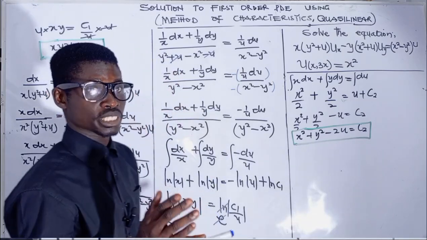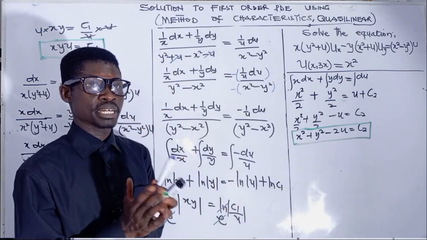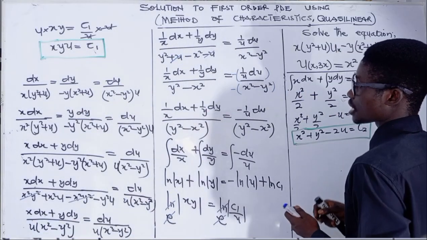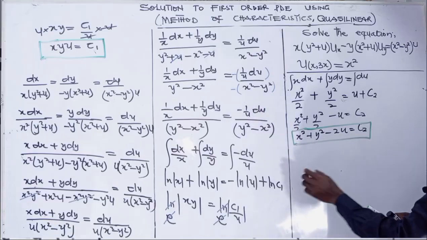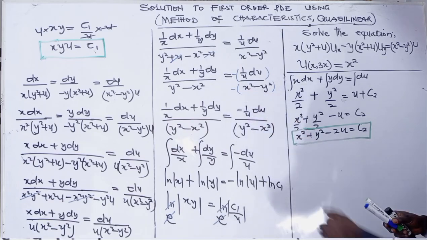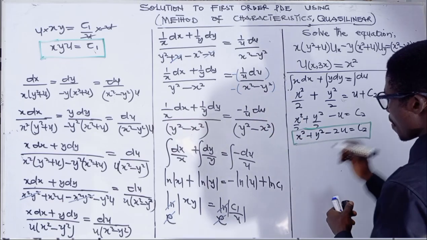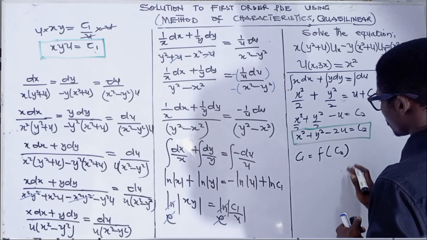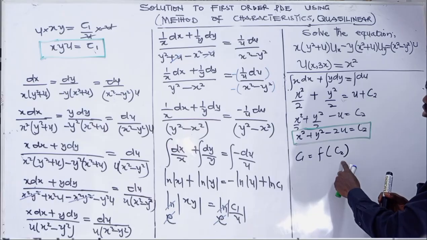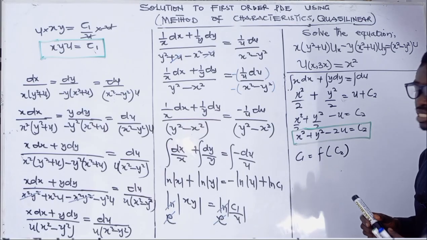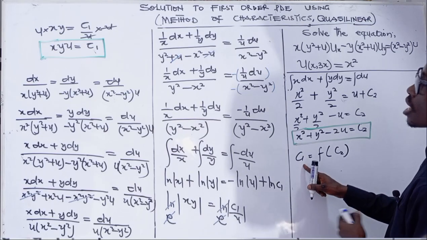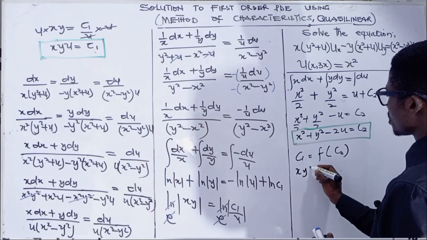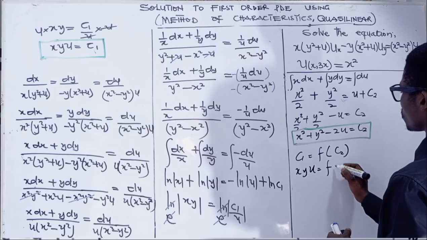And whenever we have two solutions, we always put them together to give us one solution. So it is either one becomes a function of the other. It is either c1 becomes a function of c2, or c2 becomes a function of c1. So let's make c1 to become a function of c2. You can also make c2 to be a function of c1. It doesn't change anything. So our c1, we had x, y, u is equal to a function of c2.